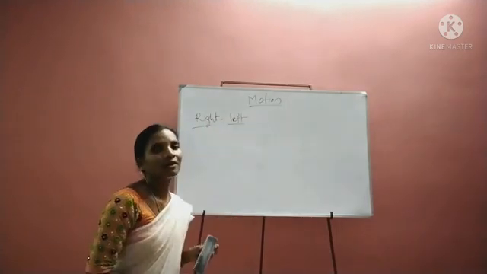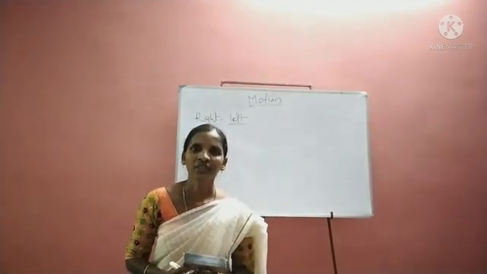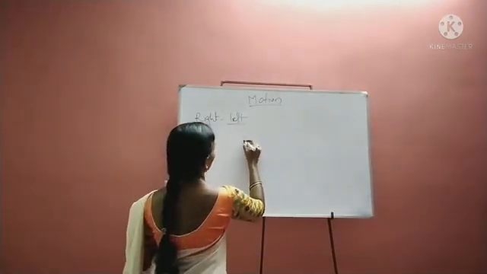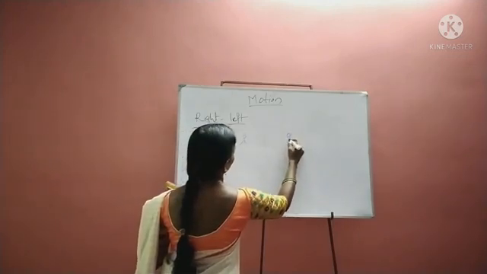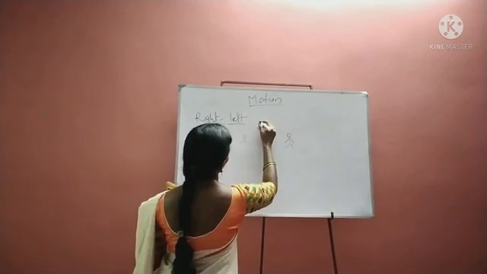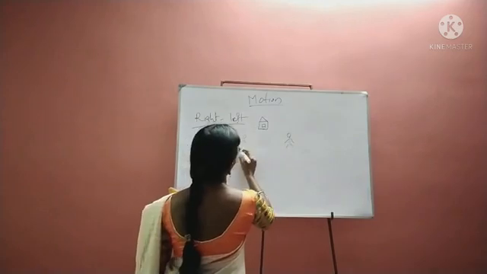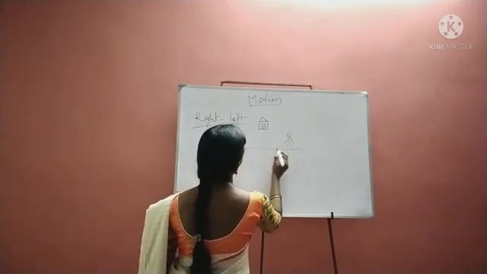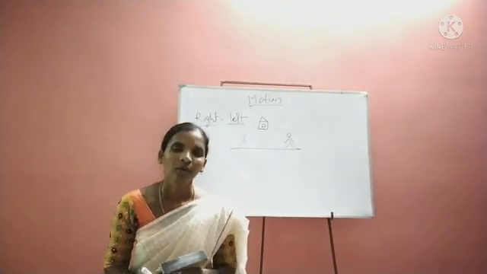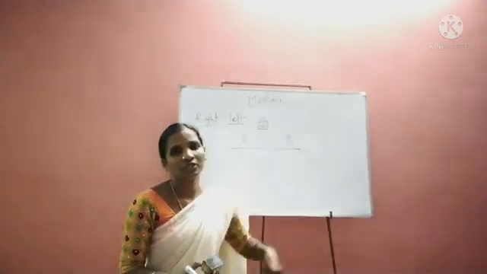Right and left. For example, we consider two persons, A and B, who move in opposite directions to each other.